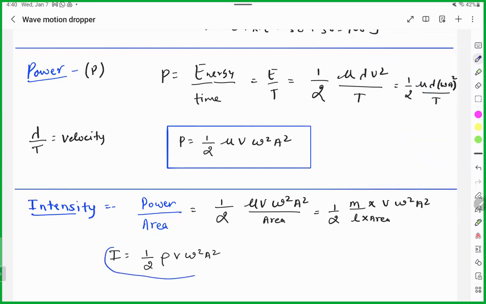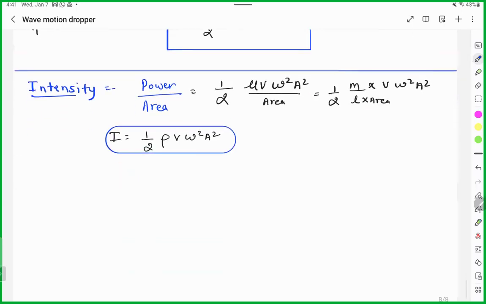So if you know energy, you can easily calculate intensity and power. It's very easy if you know energy. Correct. So same thing you do in SHM. The kinetic energy, potential energy are same. Maximum value is half k A square. Do you remember? Correct. Half k A square.